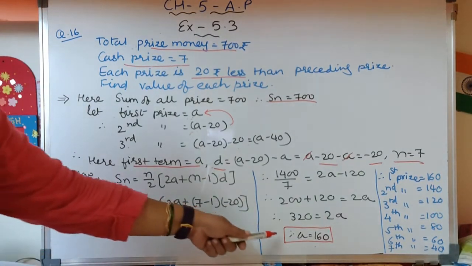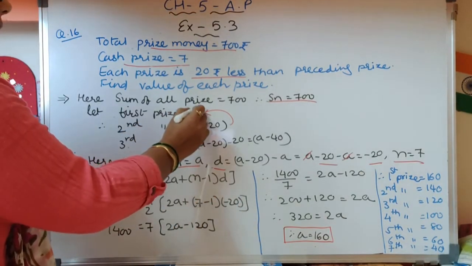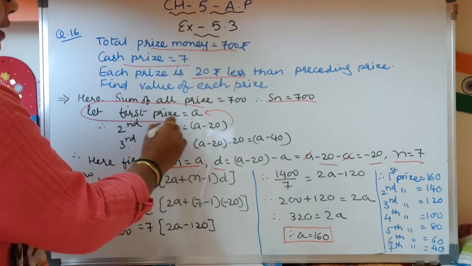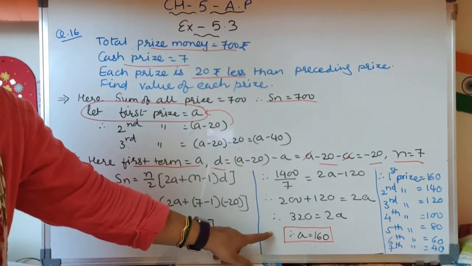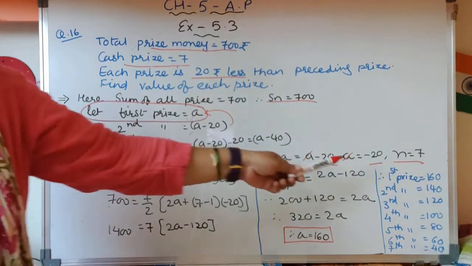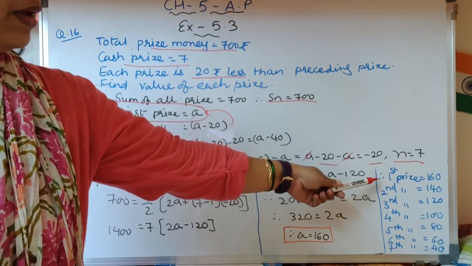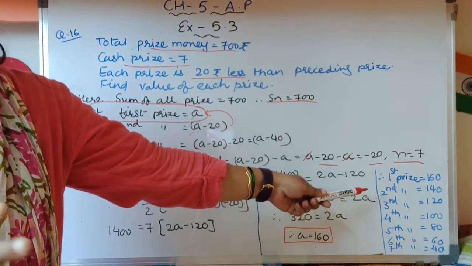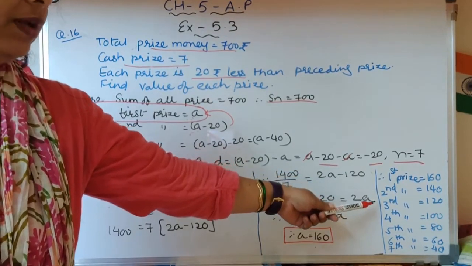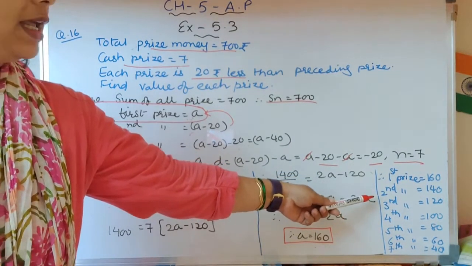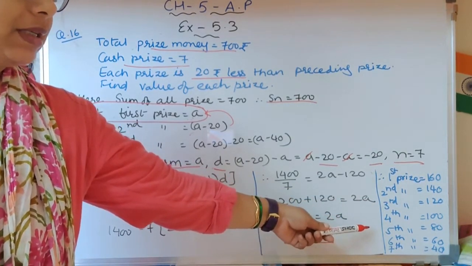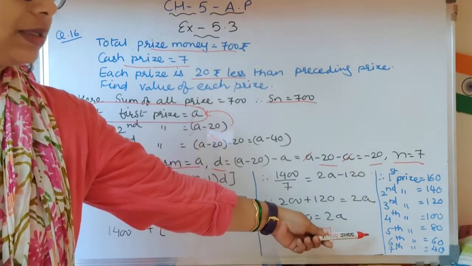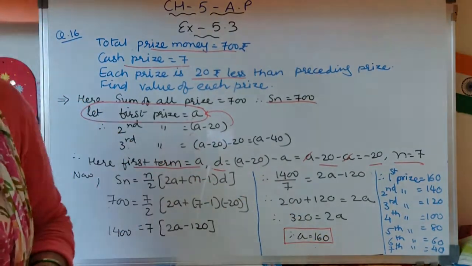It means what is A here? We assumed that let the first prize be A and its value is 160. So it means the first prize is 160, the second prize 20 rupees less means 140, the third prize again 20 less, it means 120, the fourth is 100, the fifth prize is 80, the sixth prize is 60 and the seventh prize is 40.